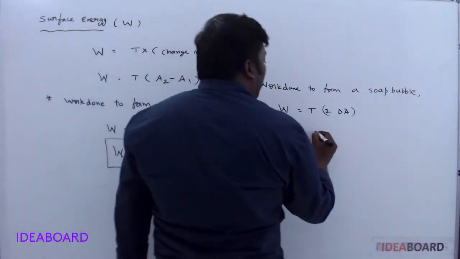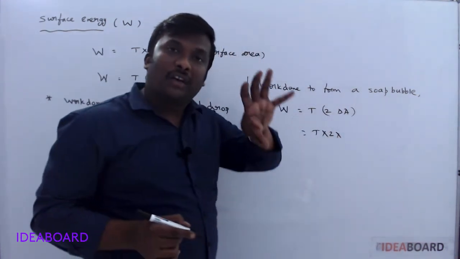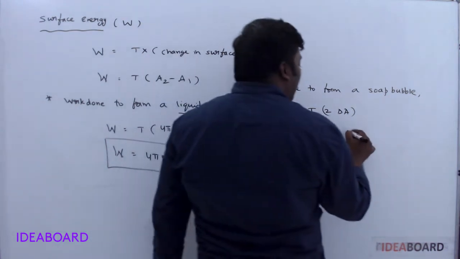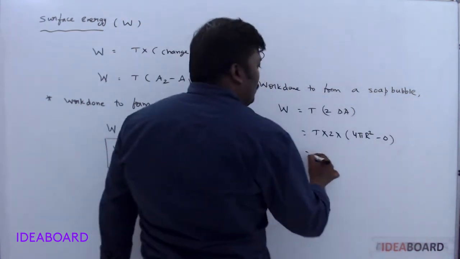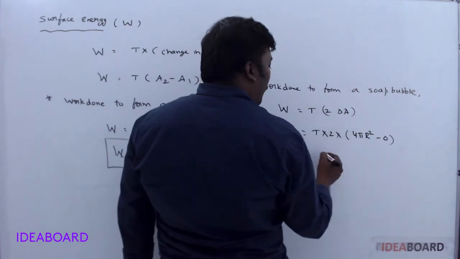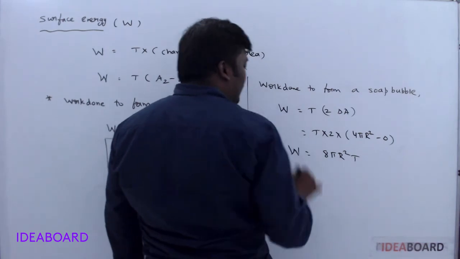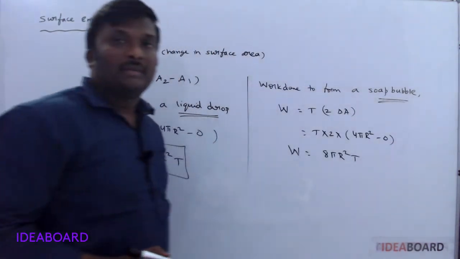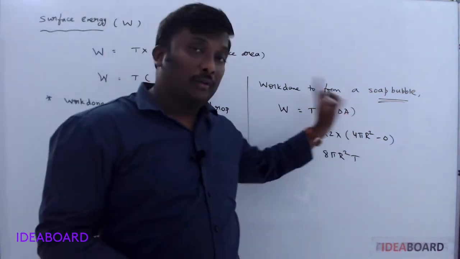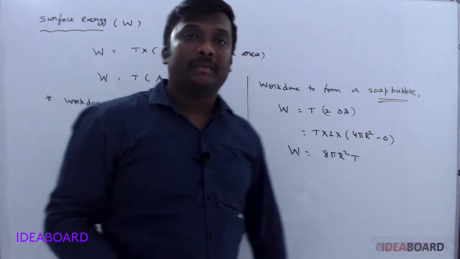So T into 2 into, the bubble is also in the form of a sphere, sphere surface area 4 pi r square. So the value is 2 into 4 pi r square, meaning 8 pi r square T is the formula for the work done to form a soap bubble. It has two surfaces, two thin surfaces. Please keep in mind. So T into 2 delta A formula will be coming.